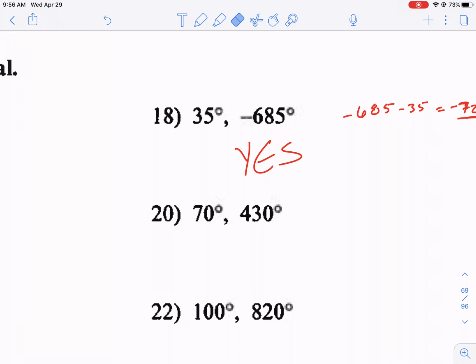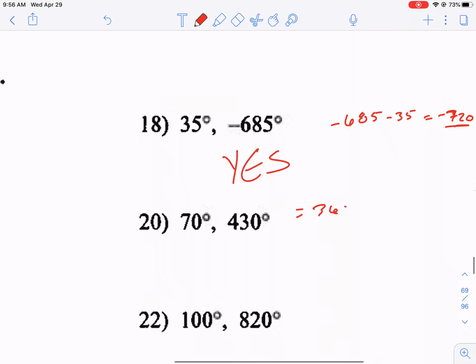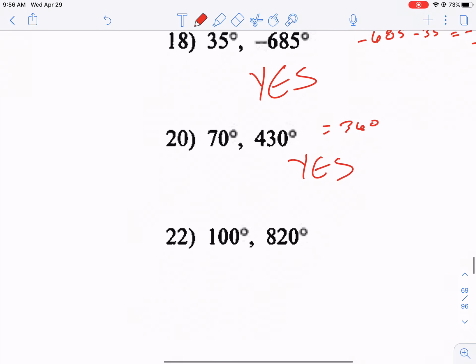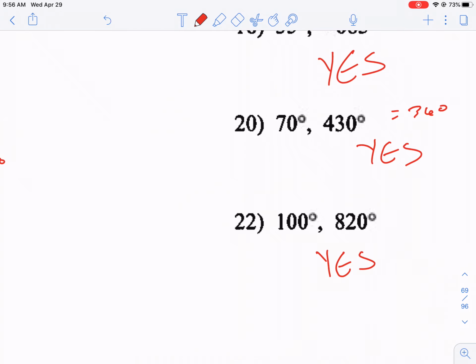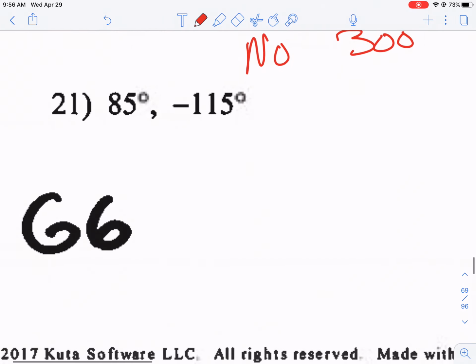Okay, so 430 minus 70 is 360. So yes, these two would be. 820 minus 100 would be 720. So yes. And finally, 85 and negative 115. So those two are 200 degrees apart.